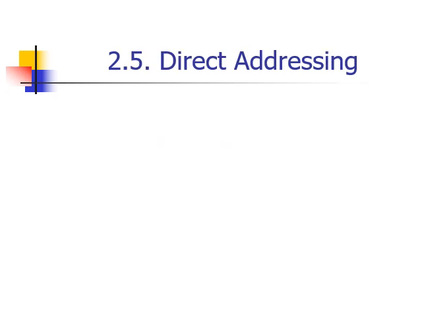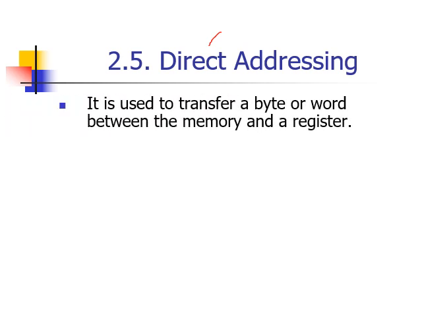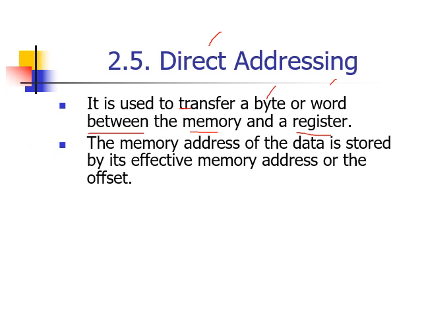Then the third is the direct addressing mode. What this mode does is transfer a byte or a word between memory and a register, or vice versa. The memory address is given by its effective address or offset.